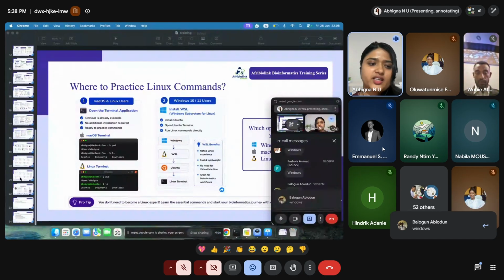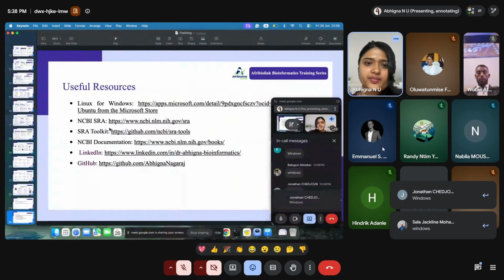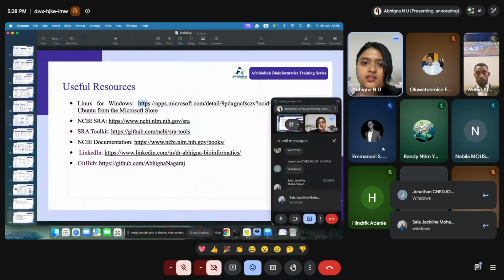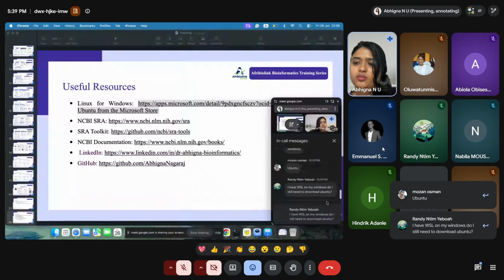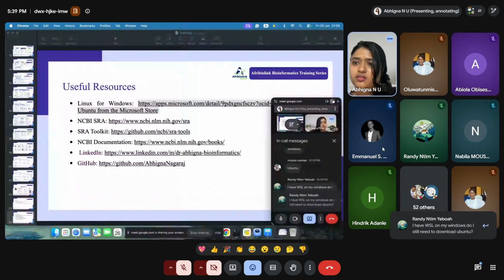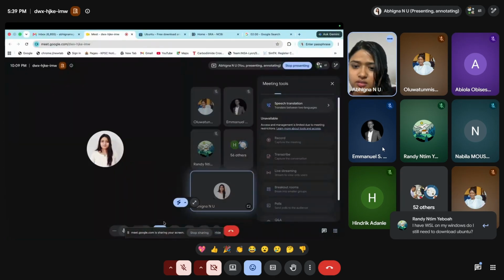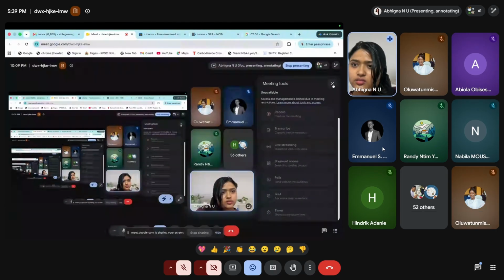Okay. For that, I'll share a link in the chat box, so you can download Ubuntu for Windows from the Microsoft Store.